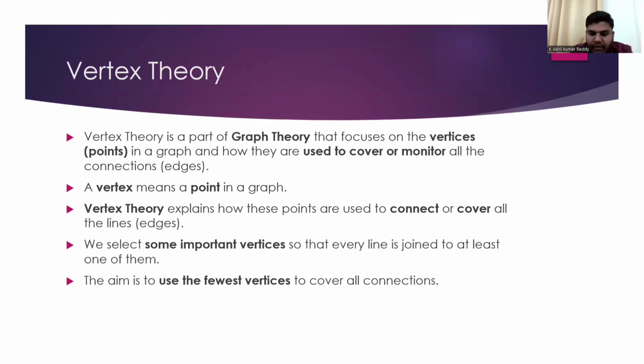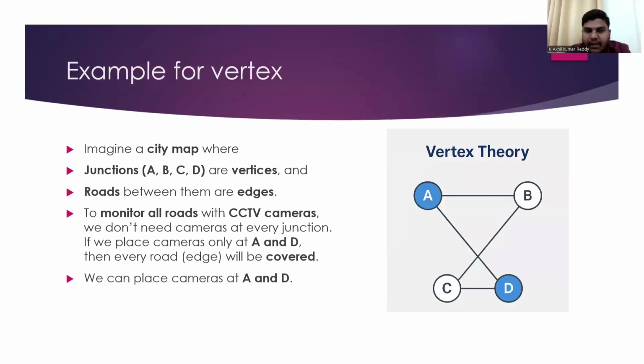Now let us take an example to understand this very clearly. Let us imagine this is a city map where A, B, C, D are cities. These are the junctions between them. If we want to cover all the roads with CCTV, we don't need cameras at every junction.